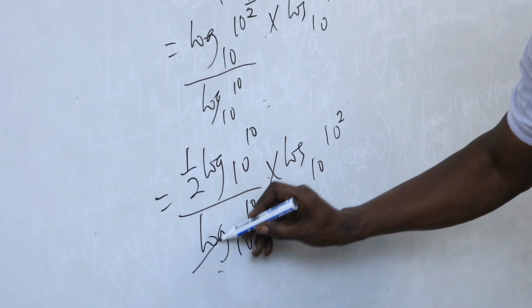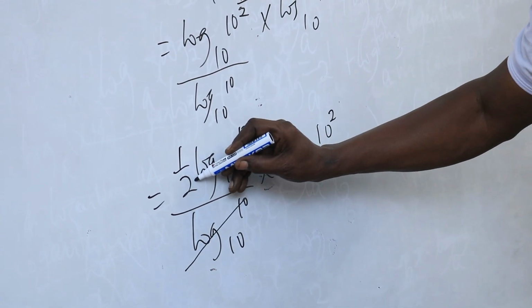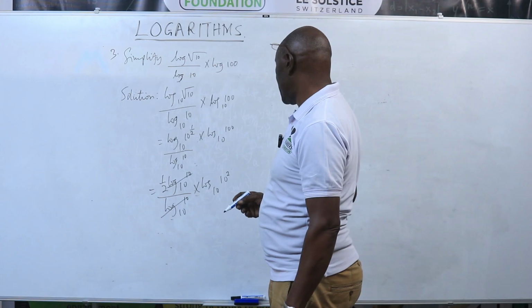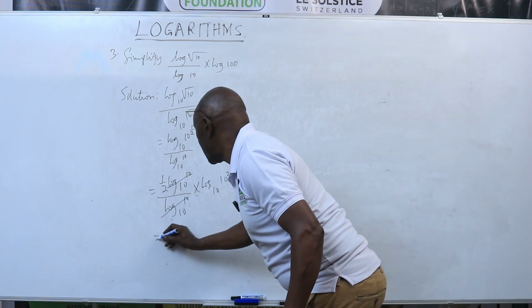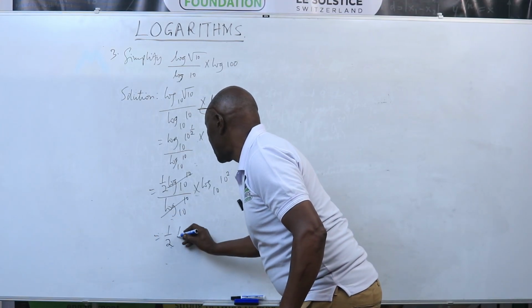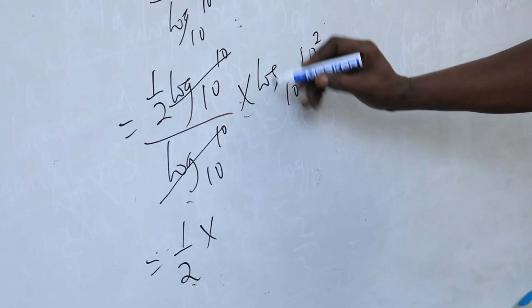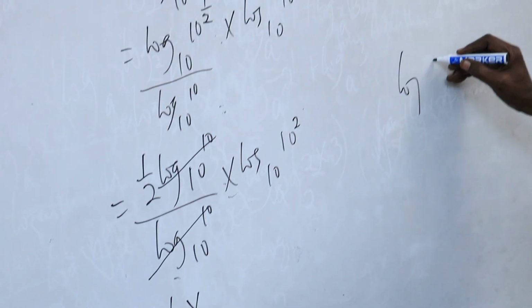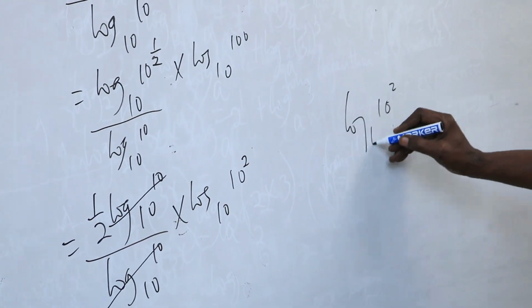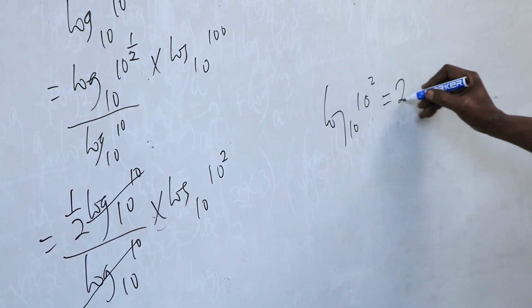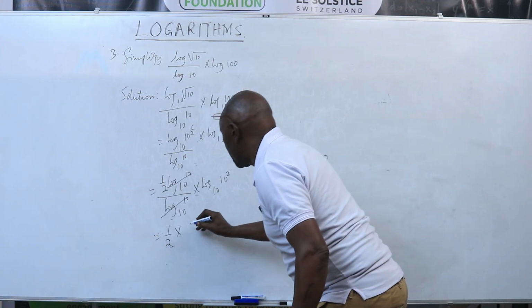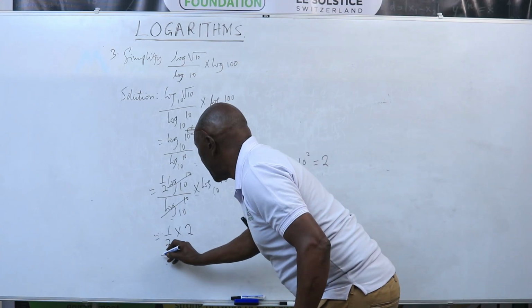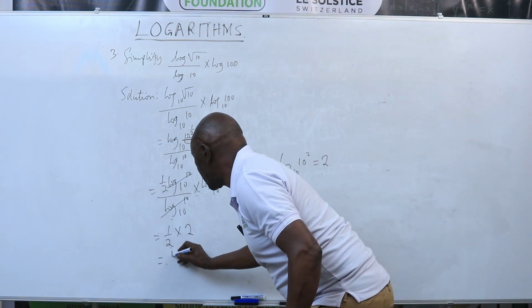Now, this log 10 base 10 and log 10 base 10 can cancel out, and this goes into a half times this one here, log 10 squared base 10, which is just equal to 2. So times 2, and 2 and 2 will cancel to get 1.